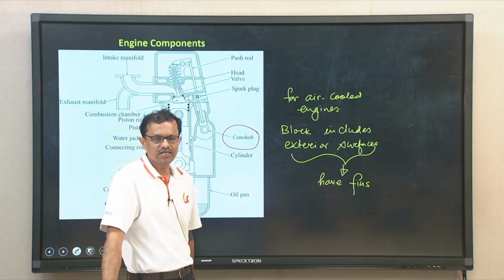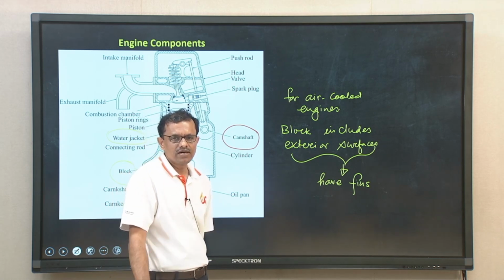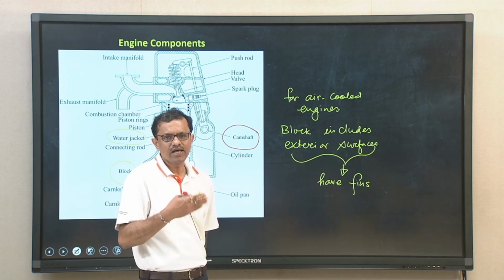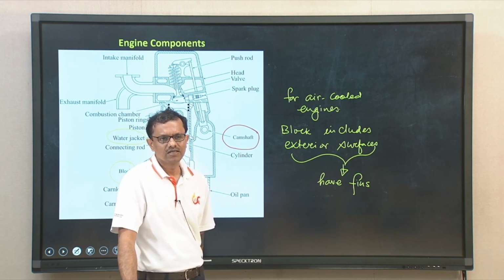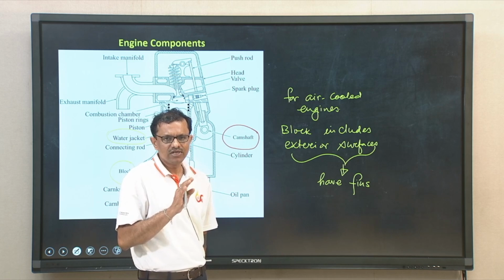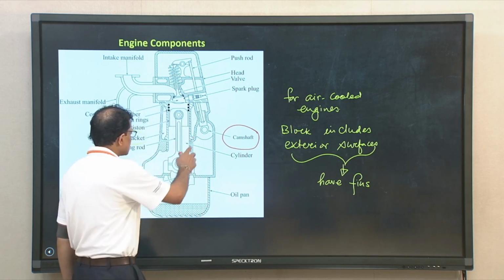Perhaps if you try to recall, in one of the previous classes I had shown a schematic diagram to define several components, to give you a brief description about engine nomenclature, and therein we had seen the cam and follower mechanism. So, this is the camshaft.